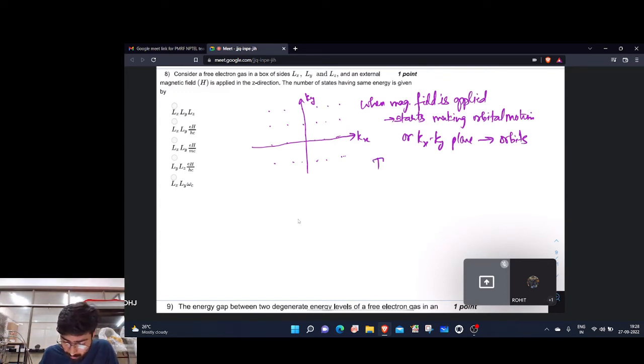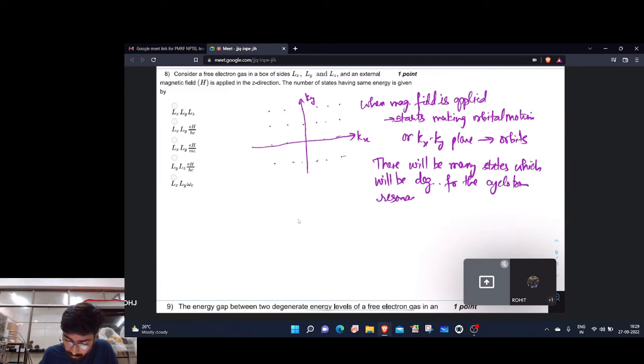And also there will be many states which are degenerate for the cyclotron resonance frequency. And to draw these orbits, let me take an example of the first orbit.